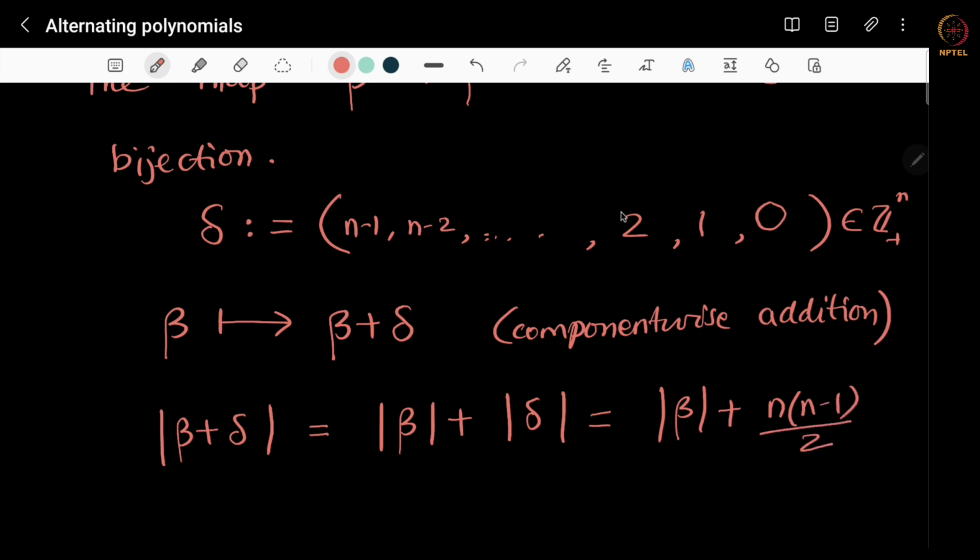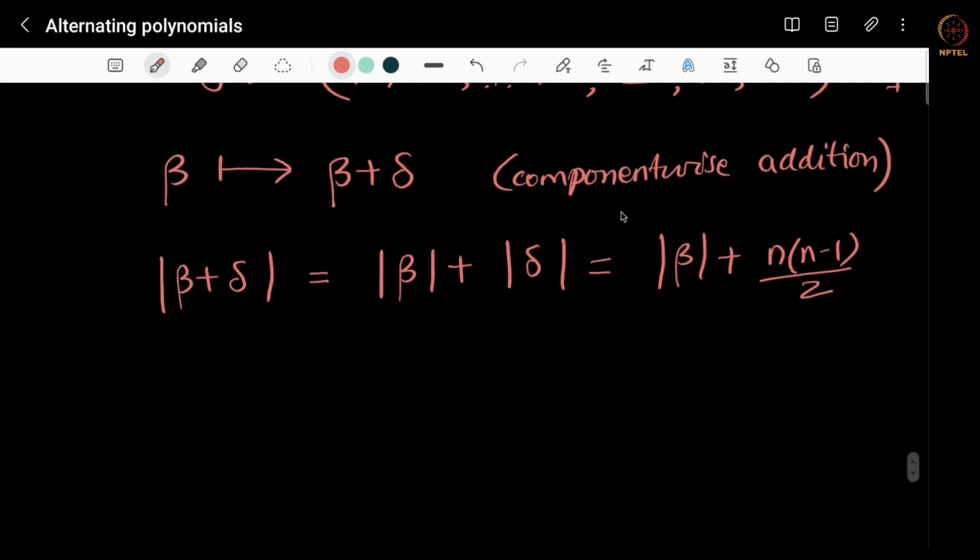That's the sum of the first n minus 1 numbers, so it's n into n minus 1 by 2. So this is a bijection, but the sum is not preserved. The sum adds in a very specified fashion. Okay, good. So that's the map here.